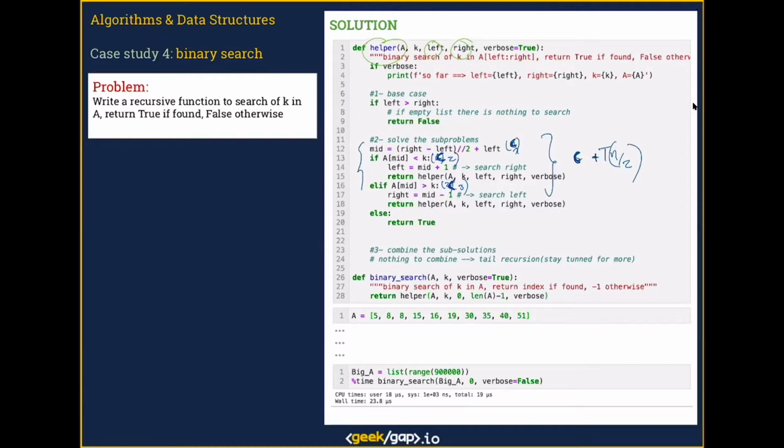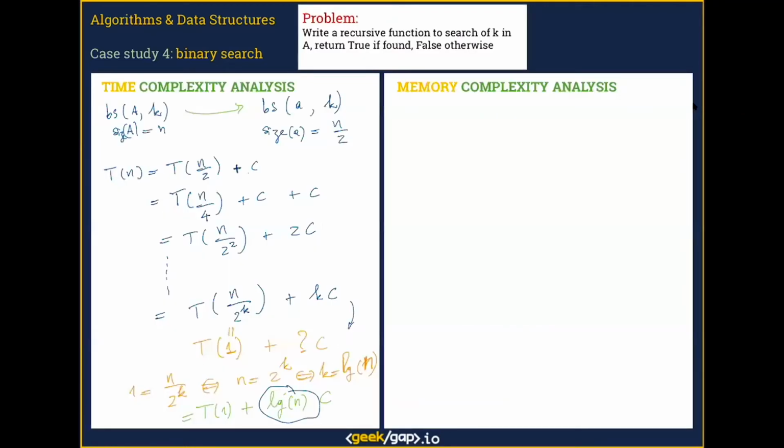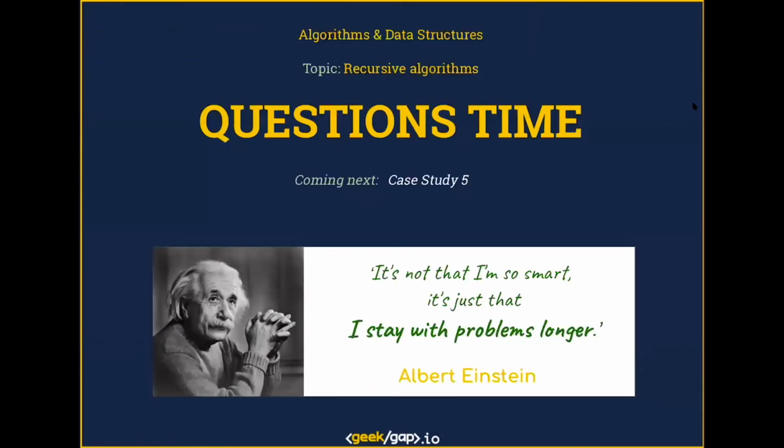Technically speaking, we don't need any additional memory, but because we are using the stack trace and Python doesn't take advantage of tail recursion, we are going to have log of n memory complexity as well. At each step, we need to keep track of what we have to do to solve the problem, even though technically we don't need it. So that is it for this part.